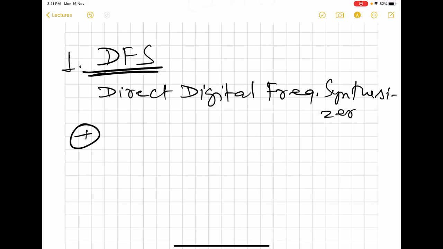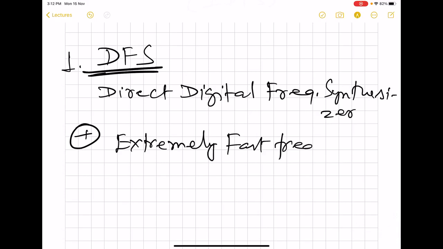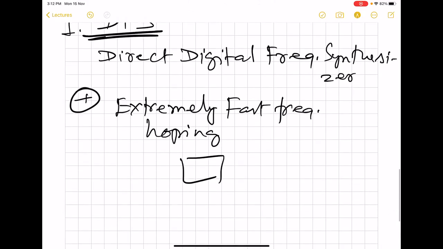The biggest advantage is extremely fast frequency hopping. So here, if we have a DFS producing a certain frequency omega 1, and we want to produce omega 2, then a change from omega 1 to omega 2 can be implemented in a very short duration.